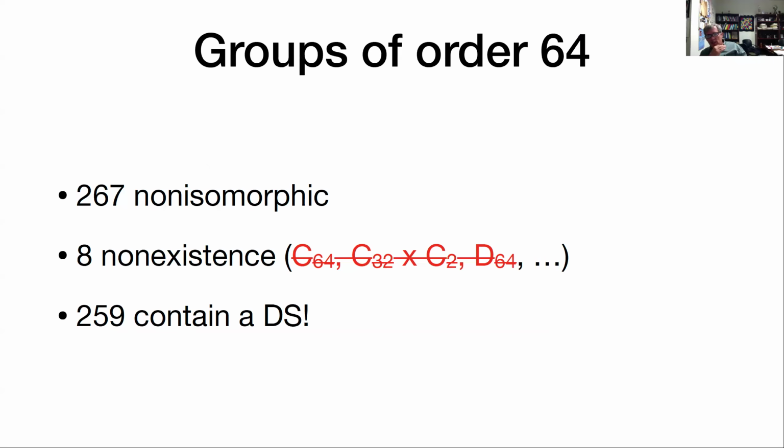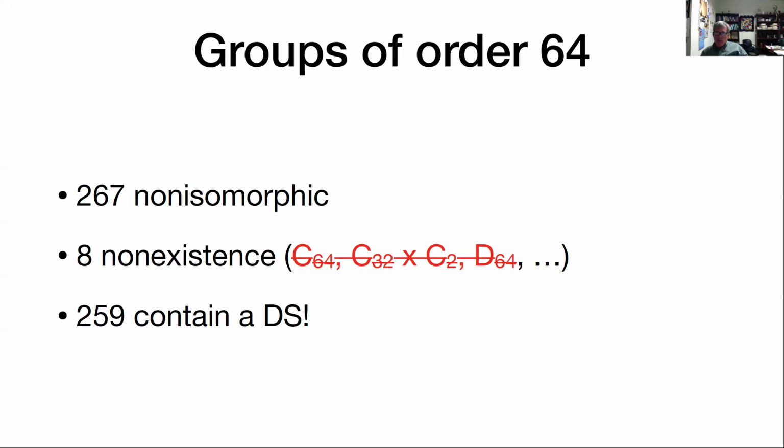With that result, there were 8. I told you there's not in cyclic, there's not in C32 by C2, there's not in dihedral. There are 8 groups that don't have a difference set. The other 259 do. So it seems like, and again, this is just an evolving story, most groups seem to have difference sets. What happens the next size up?